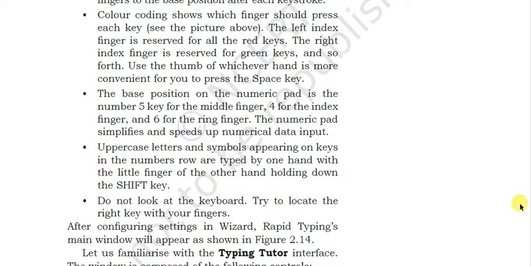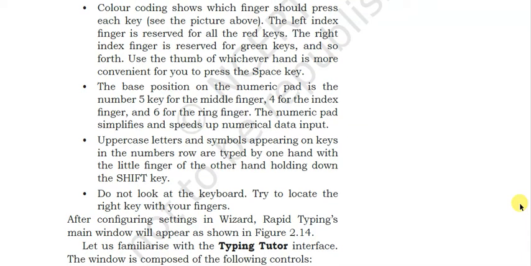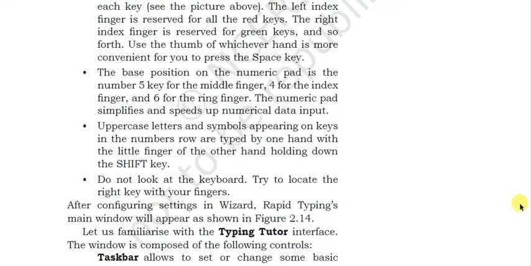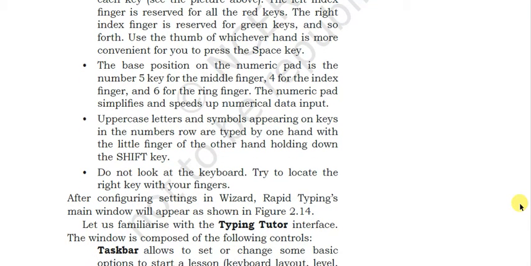The numeric pad simplifies and speeds up numeric data input. Uppercase letters and symbols appearing on keys in the numbers row are typed by one hand with the little finger of the other hand holding down the shift key. Do not look at the keyboard; try to locate the right keys with your fingers.